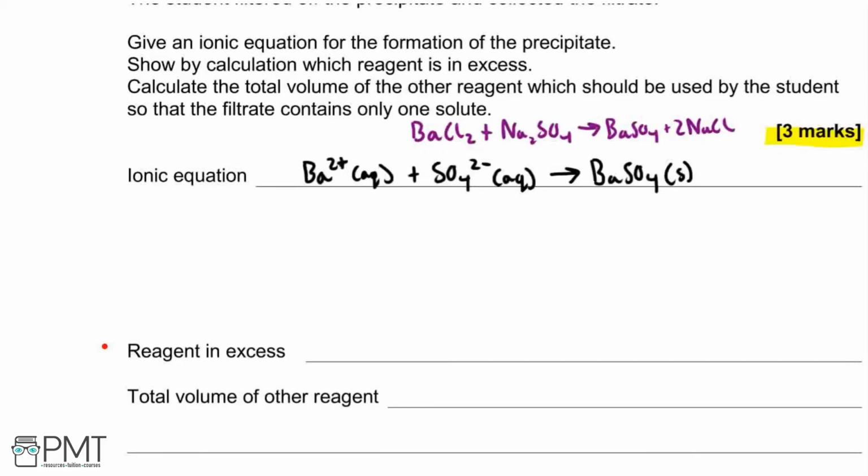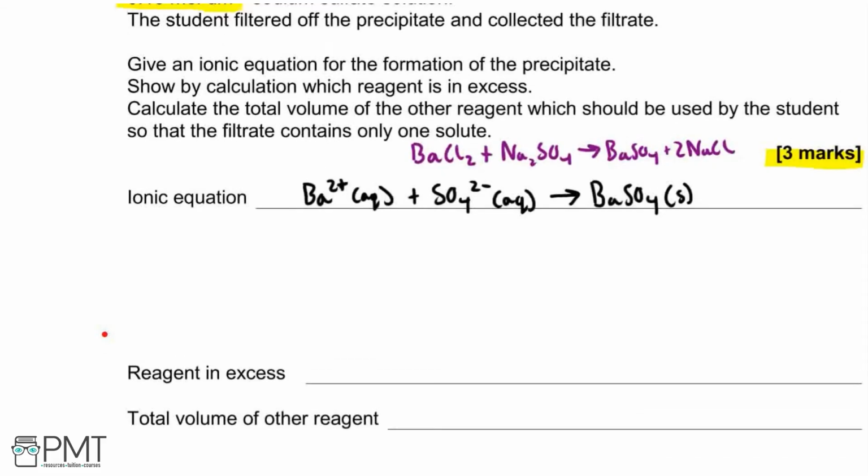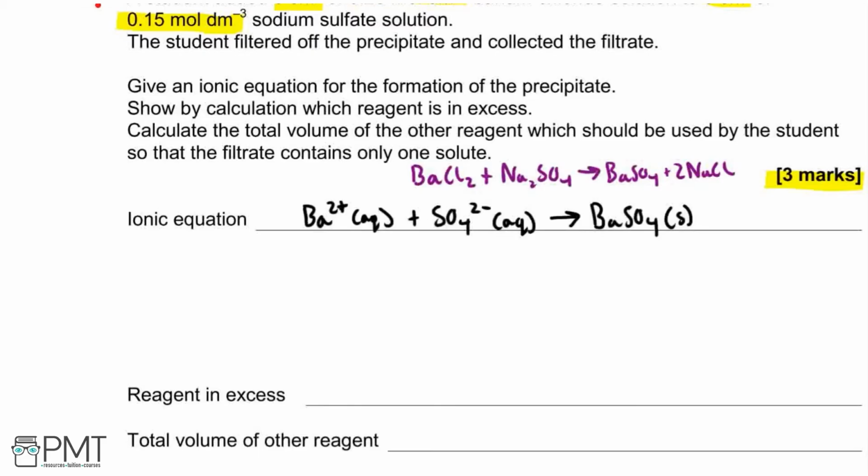Now, the way we need to do this is by using the numbers provided at the beginning of the question, which allow us to calculate the number of moles of each of our reagents. As we can see via the reaction equation, our reagents are going to react in a 1-to-1 ratio. So all we need to do is calculate the number of moles and see which has more. We use moles equals concentration times volume.